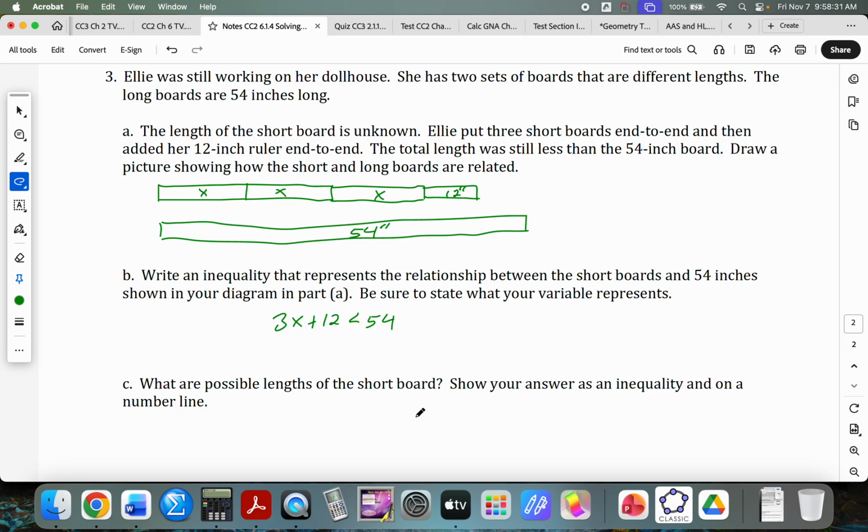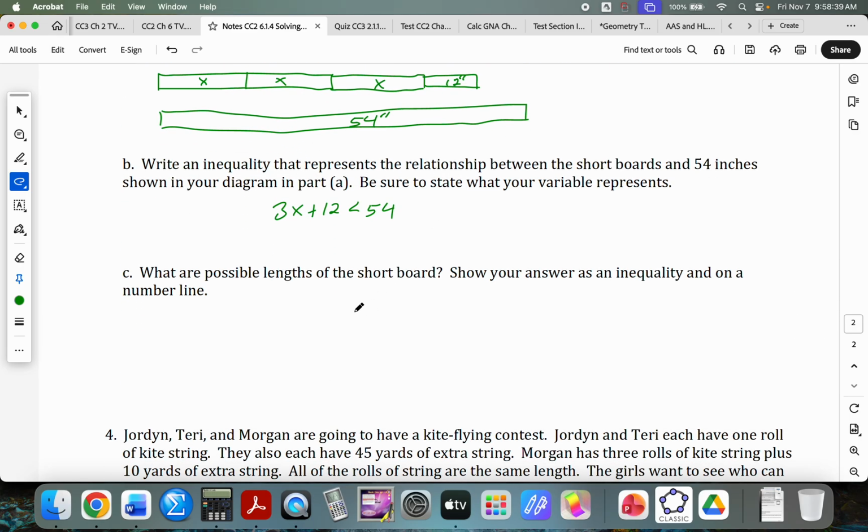So if I want to figure out the possible lengths of the short board, what we can do is take that inequality and we could cut 12 off of both sides, right? That would be fair.